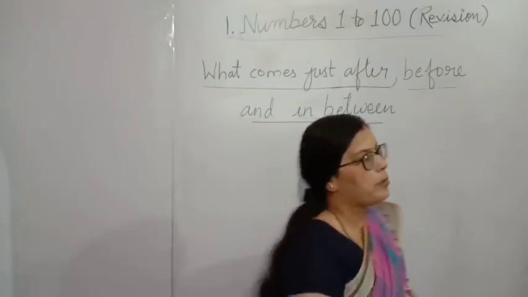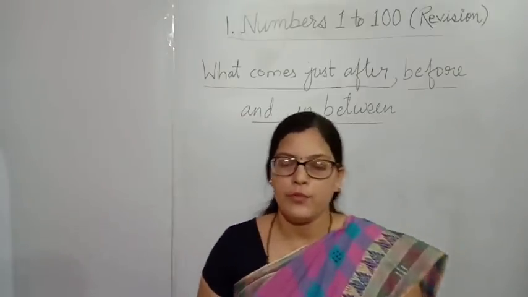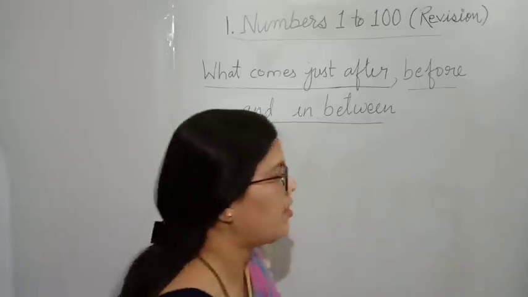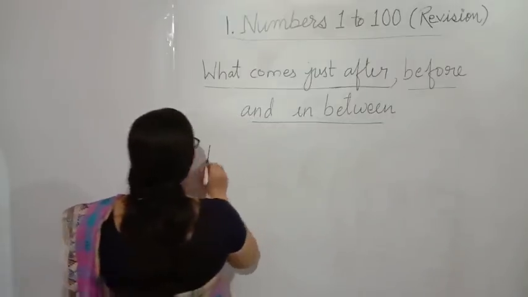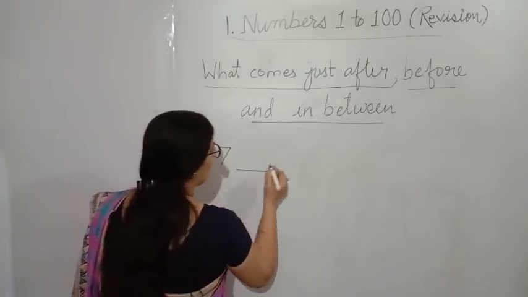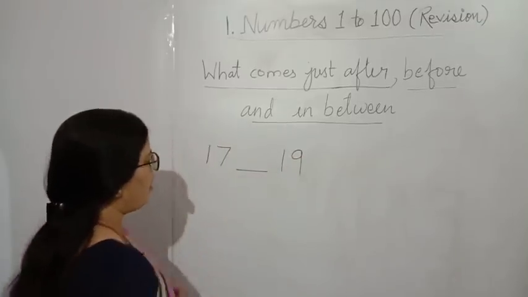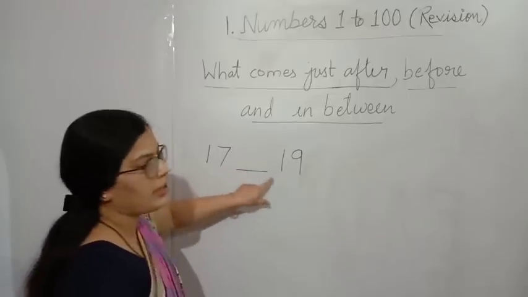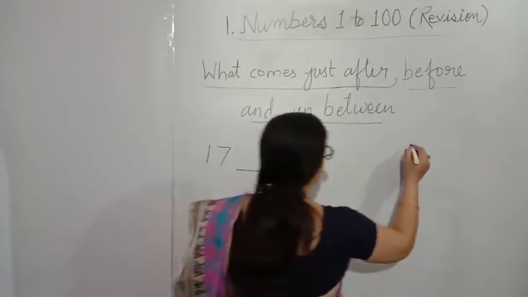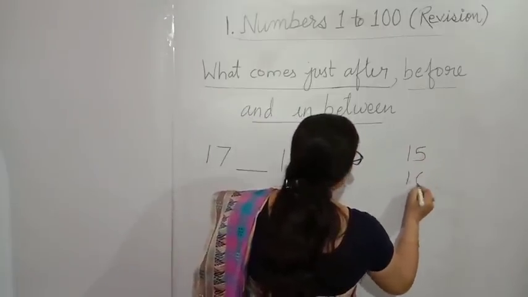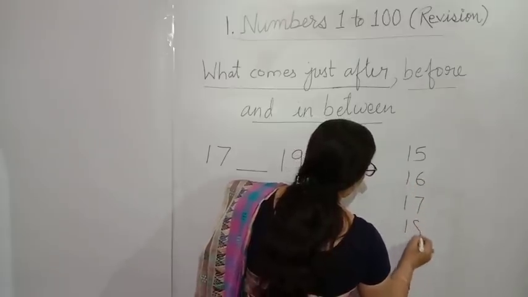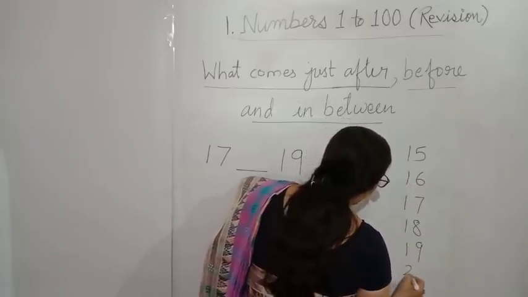Now the third topic is write the number which comes in between two given numbers. Suppose I am taking the numbers 17 and 19. You have to write the number which comes in between. Now see this counting: 15, 16, 17, 18, 19 and 20.